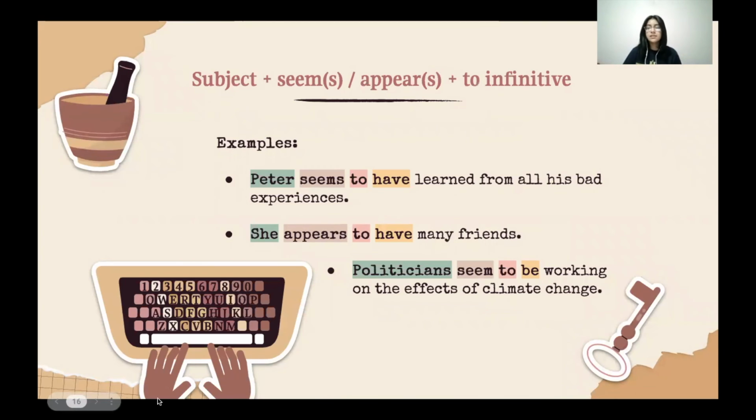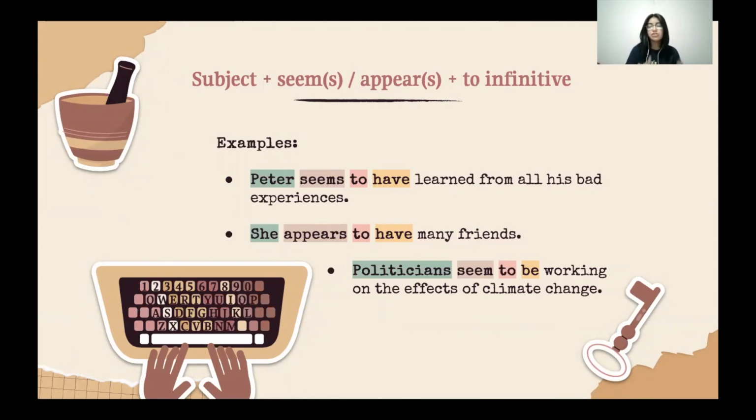Now the second structure is the subject plus seem or appear plus the to infinitive. So these examples are from this structure: Peter, the subject, plus seems, and to have being the to infinitive, learn from all his bad experiences.